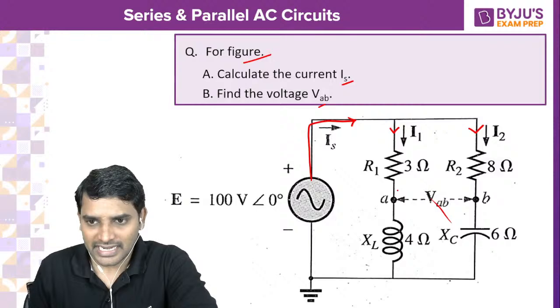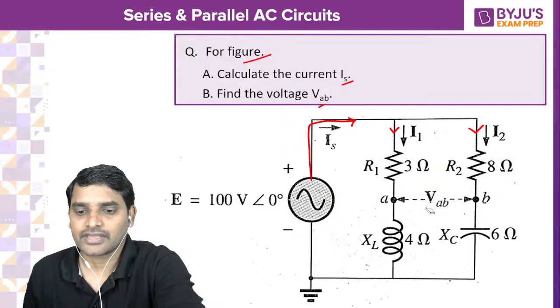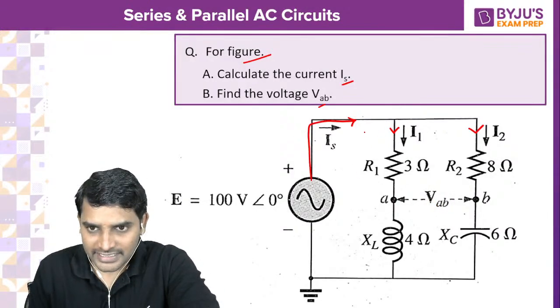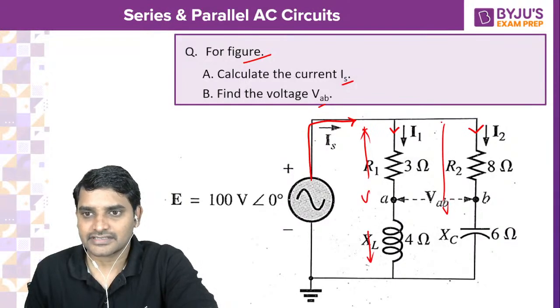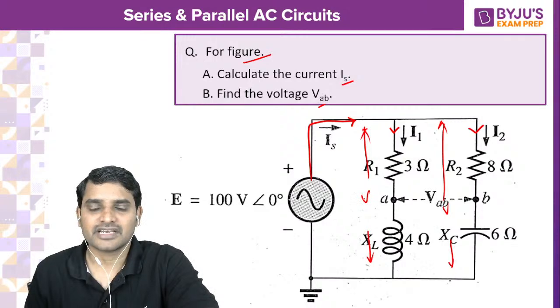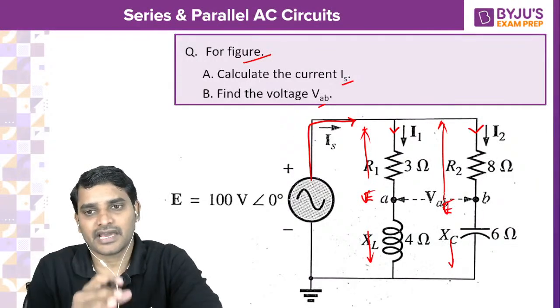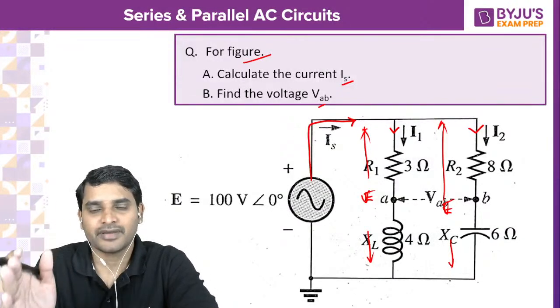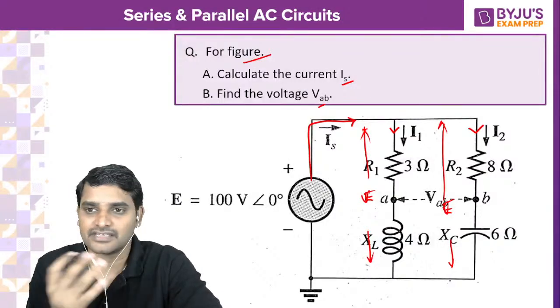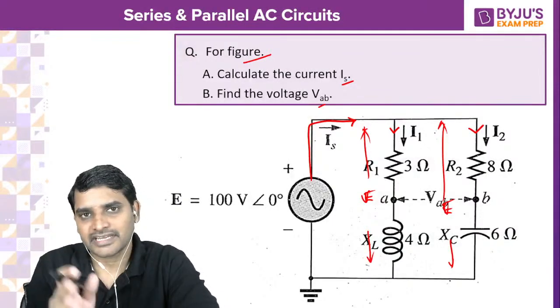How do you calculate these? The voltage across each branch will be the same, equal to the supply voltage, because they are connected in parallel. So E divided by R plus jXL, and E divided by R2 minus jXC, you will get the currents. Add them up, you will get the total current.